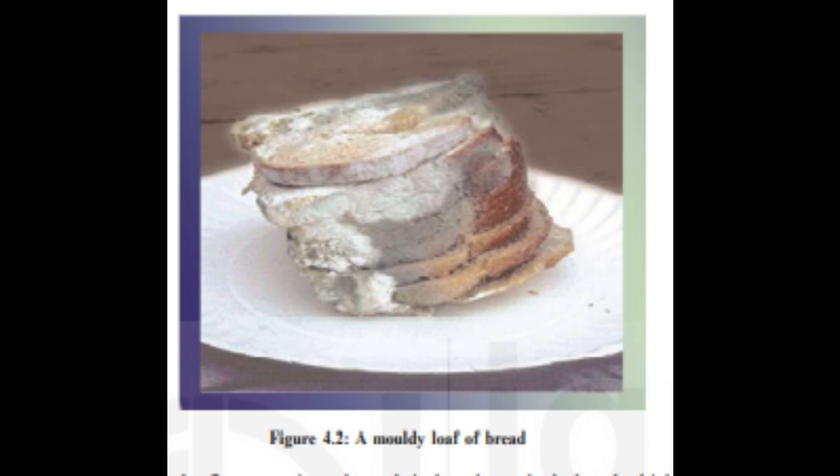The rot is characterized by the softening of the tissue due to the action of pectolytic enzymes. The most important molds involved in the spoilage of fruits and vegetables are Penicillium and Rhizopus. The typical form of spoilage in case of both fruits and vegetables is clearly shown in figures 4.1a and b.